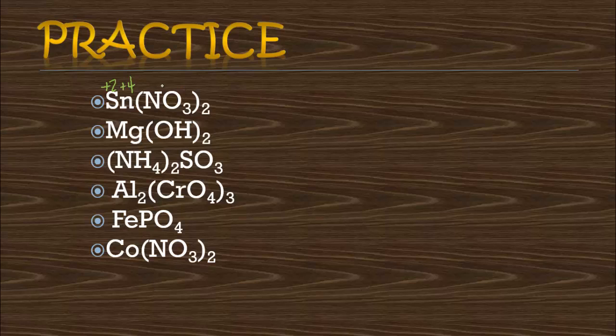NO3 has a negative charge. I have 2 of them, so I know total I have a -2 charge. So that means I must have +2 for Sn. So Sn is tin(II), and then name your polyatomic ion. So NO3 is nitrate.